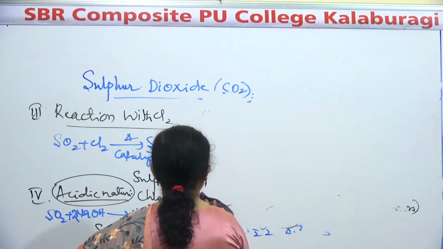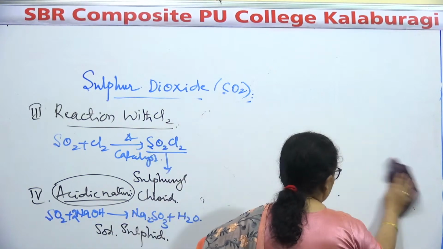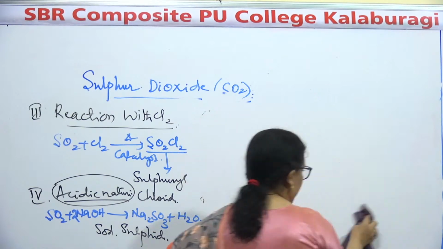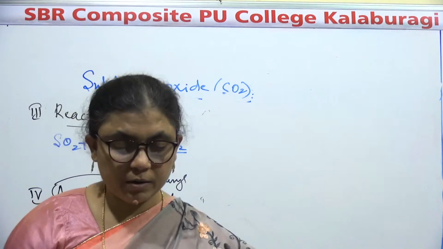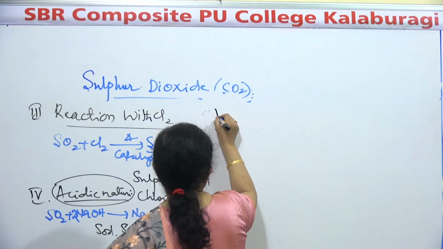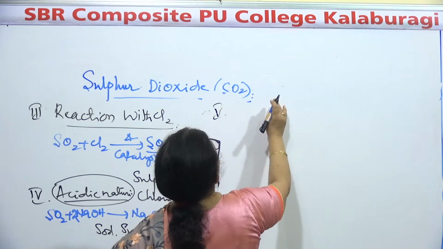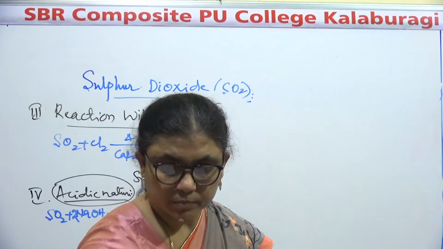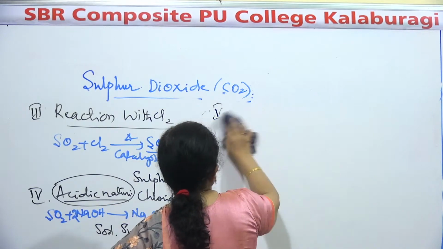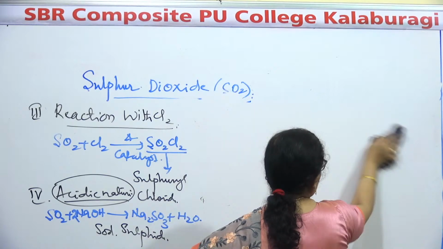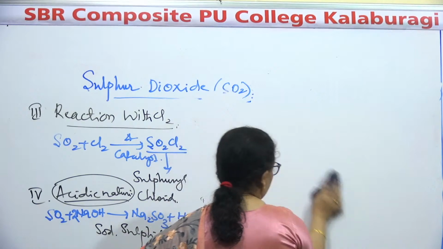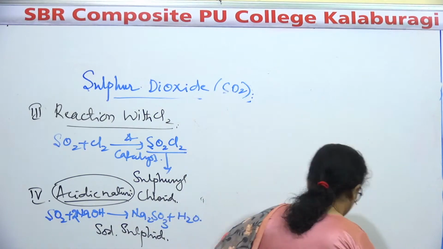We will write the fifth one, one by one. It can act as a reducing agent, which can convert ferric salt to ferrous salt.